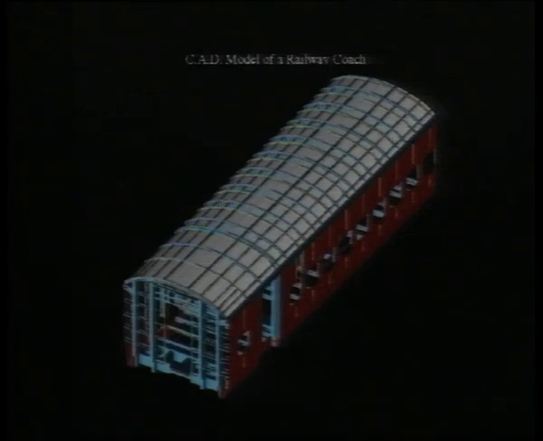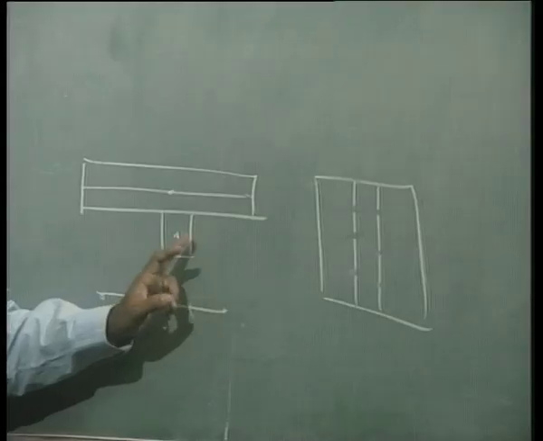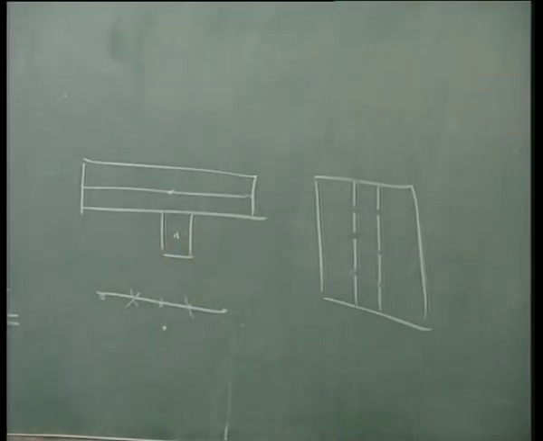Nevertheless, what it means is that the side wall sheets are reinforced by means of beams, vertical beams, which run throughout from the roof onto the undercarriage or the floor, okay. They are reinforced. So the situation is exactly similar to what we have been seeing here, right.